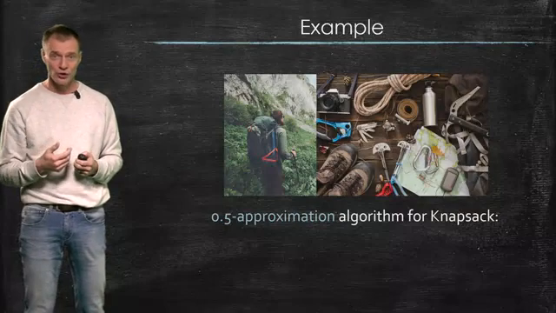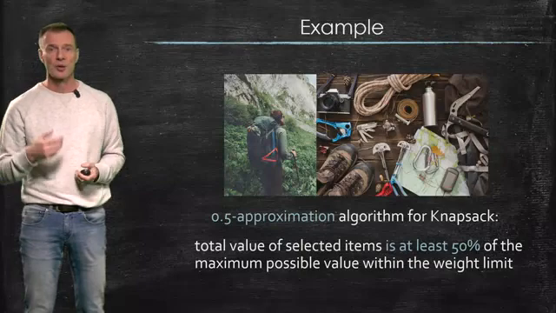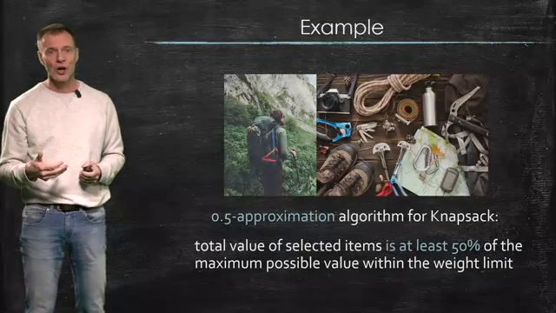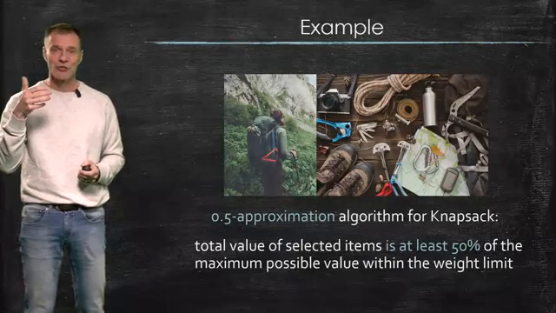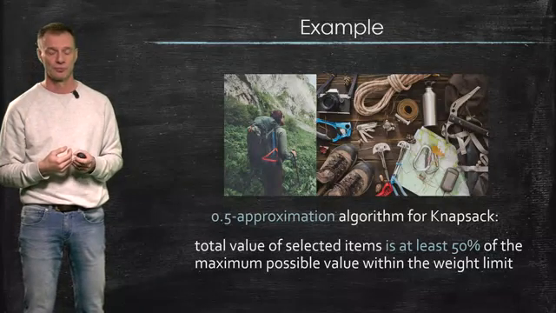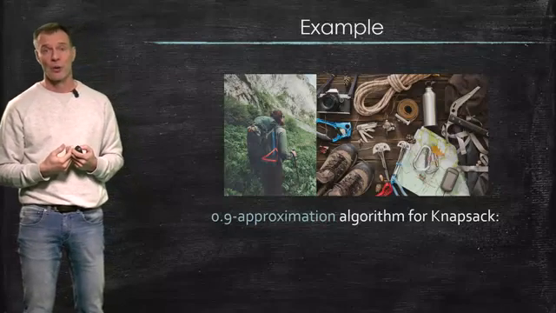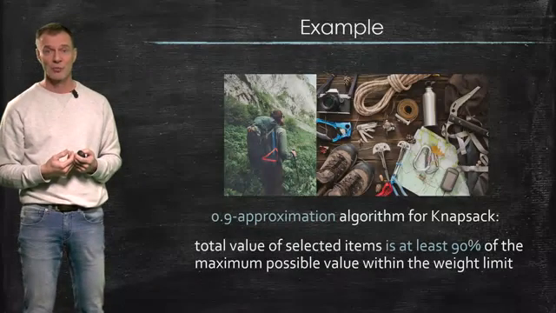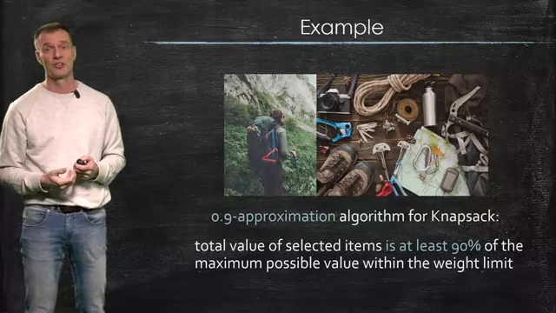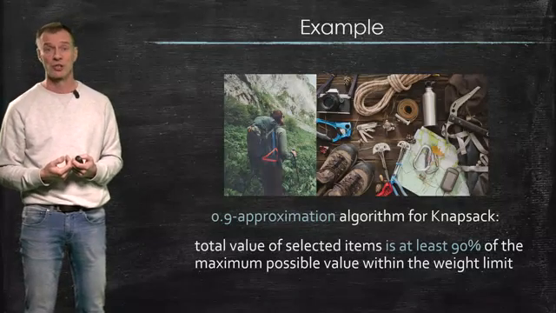Well, it's an algorithm that computes a solution whose value is always at least 50% of the maximum possible value. If we had a 0.9 approximation, however, then we have something that is always at least 90% of the optimal value. And obviously, this would be much nicer.